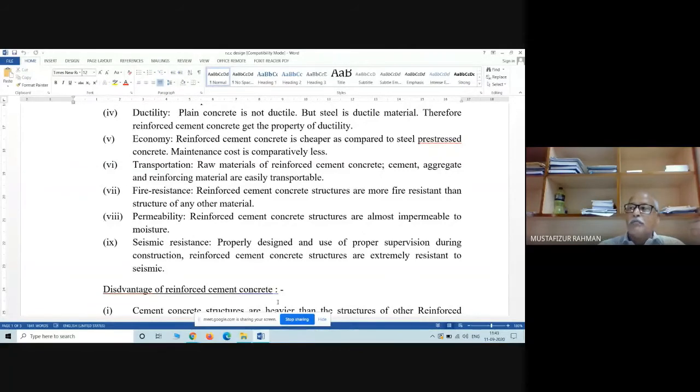If you burn concrete, it will not change anything. But if there is steel inside the concrete, the steel will try to melt. So RCC is fire resistive only to some extent, but we can make it more fire resistive by taking some measures. Probably that part is also included in your syllabus.